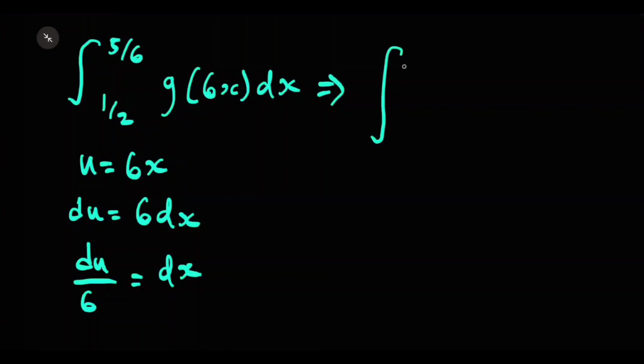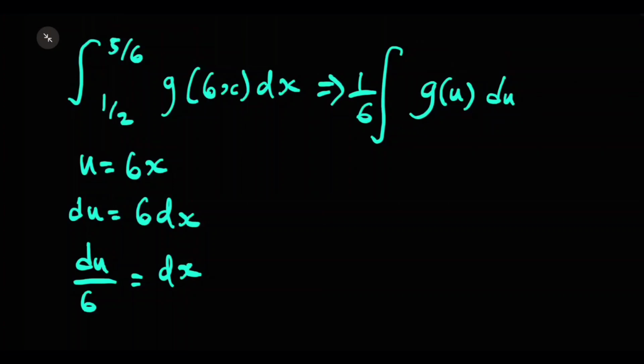Here, instead of g of 6x we have g of u, and instead of dx we have du over 6. But du over 6 is the same as saying du times 1 over 6, where 1 over 6 becomes our constant. So we can rewrite this in the form 1 over 6 times this integral.